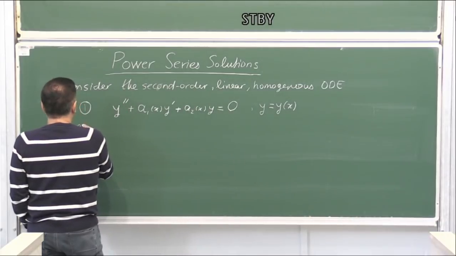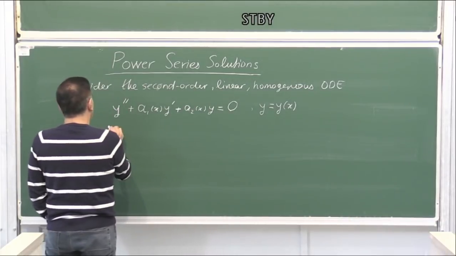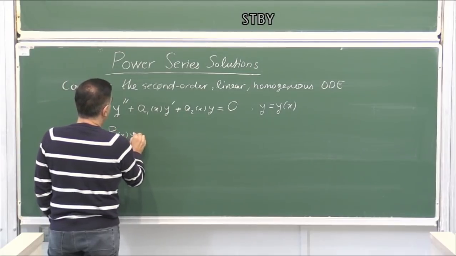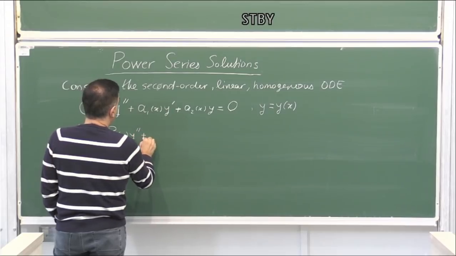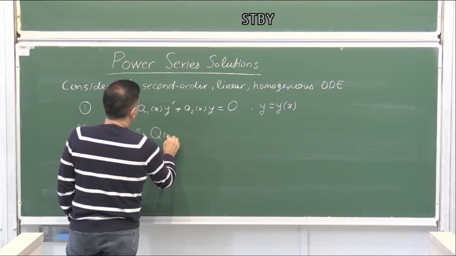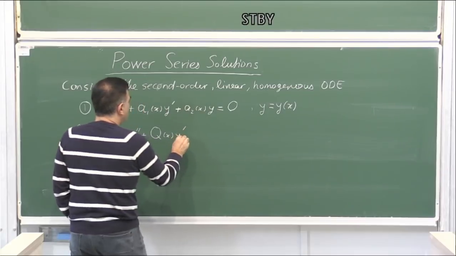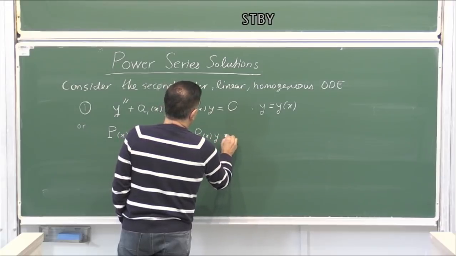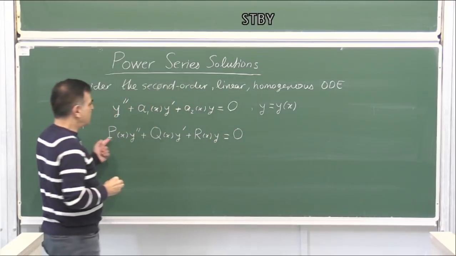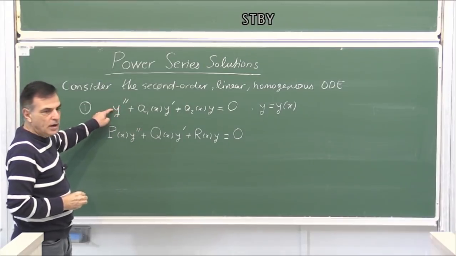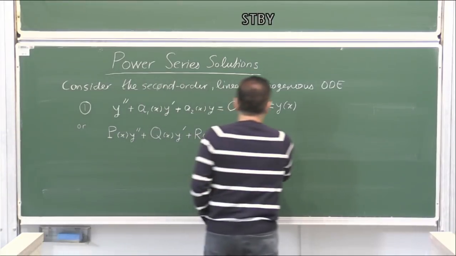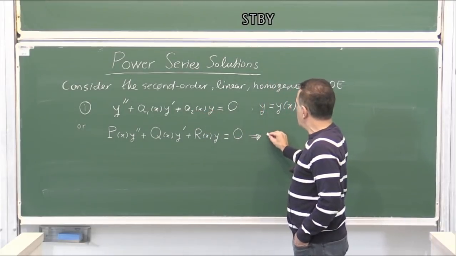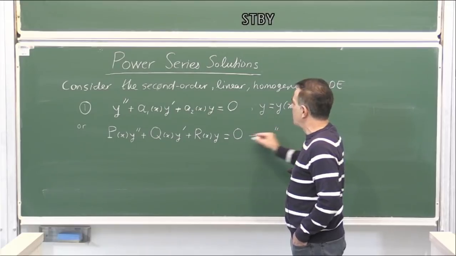Or sometimes this equation can be considered in that form: p of x y double prime plus q of x y prime plus r of x y equal to 0, which is identical to this one. Actually, this is identical to the first form, where we divide both sides by p.